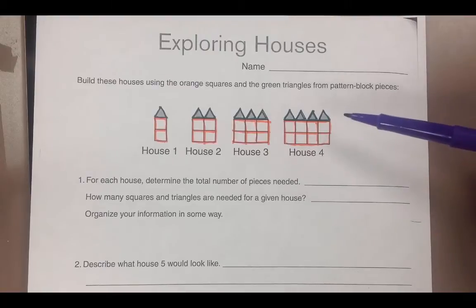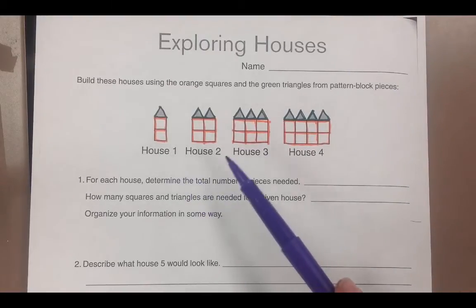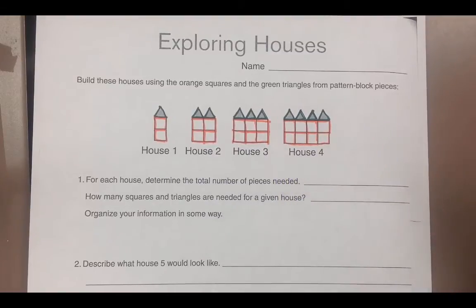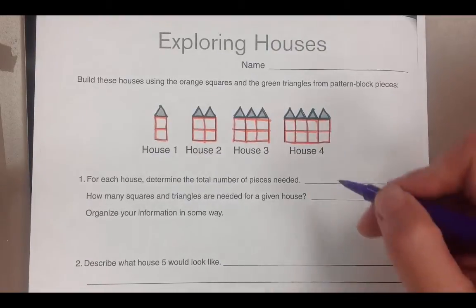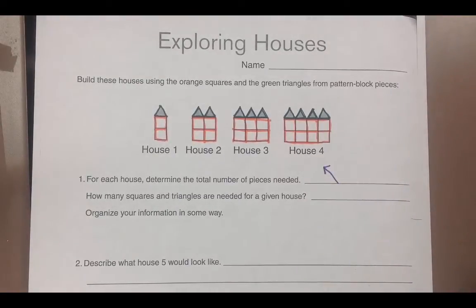Well, they're built for us in the picture, so we'll go with that. And we have 4 different sizes: house 1, house 2, house 3, and house 4. And our question says for each house determine the total number of pieces needed. Well, since we've got a picture, all we really need to do is count, and I'm just going to put the pieces up underneath each of the pictures and not put it on the line there.